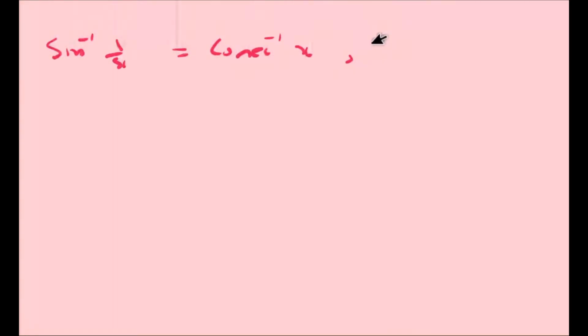But we should understand that x should be greater than or equal to 1 or x less than or equal to minus 1, so that it will be in range. Okay, this type of condition you have to follow. The value of x should always be in the range, right?